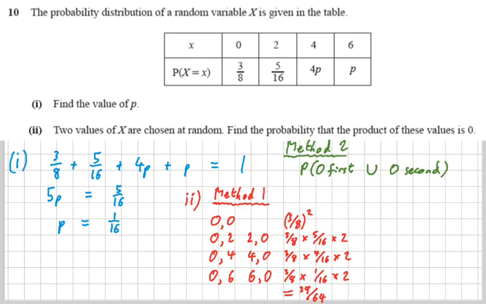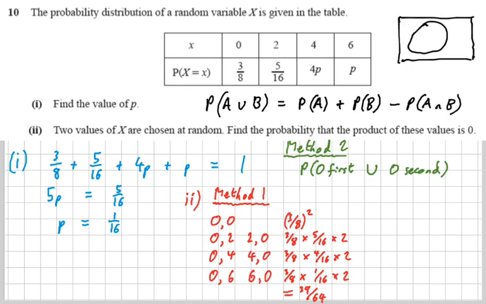And when we've got it into that format, we can think about how you would normally calculate the probability of a union. Well, you can use this formula here, which is in the formula book. Probability of a union is the probability of one of those plus the probability of the other one, subtract the intersection.